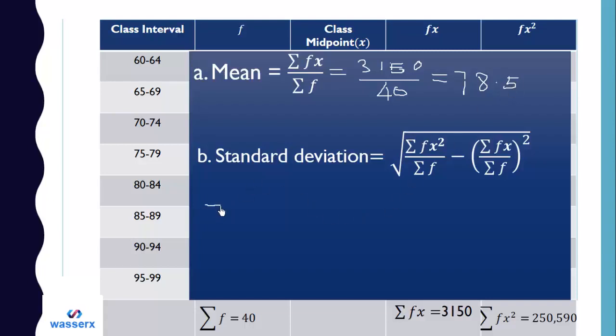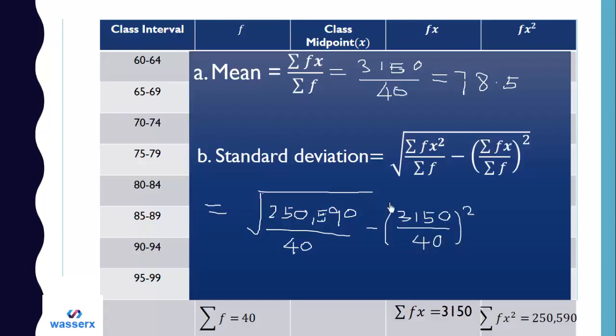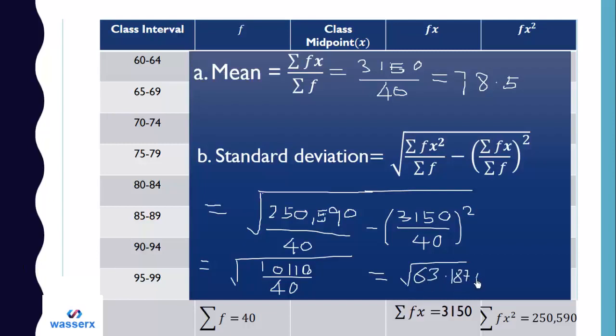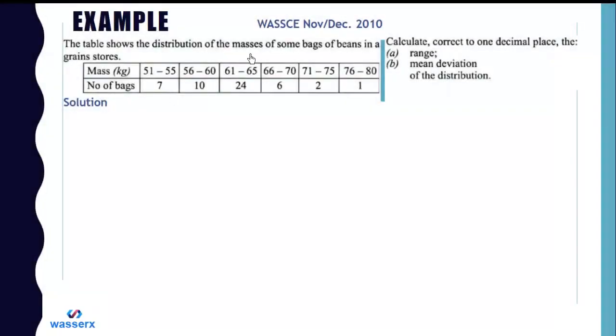Now the standard deviation. With the substitution of the values into the formula, and when we simplify, we get 7.95 to 2 decimal places, and the mean is 78.50 to 2 decimal places.